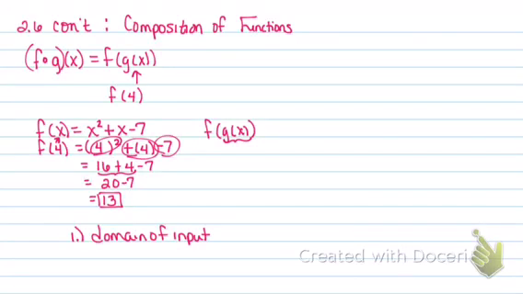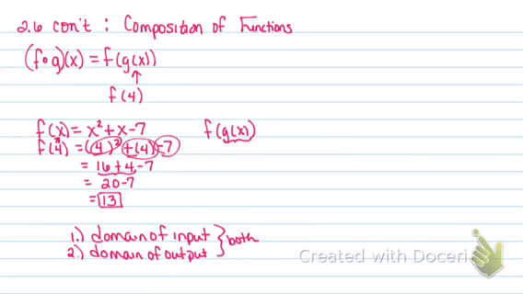So that's going to be our g of x because that's what we're plugging in. And number 2 says it's going to be in the domain of the output. So the domain for the function has to be in the domain of both. So this is where I would graph them, and the domain would be the overlap. And we're going to do some of that, so don't worry if you're still a little confused on it.